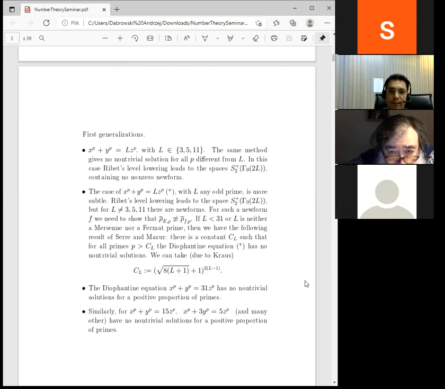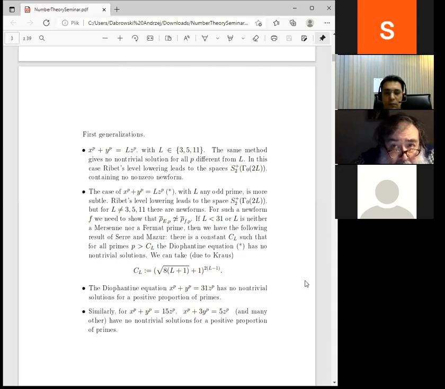If l is different from 3, 5, or 11, then there exist some newforms, and for such a newform, we need to show that the mod p representations associated to the Frey curve and to the existing newforms are not isomorphic.